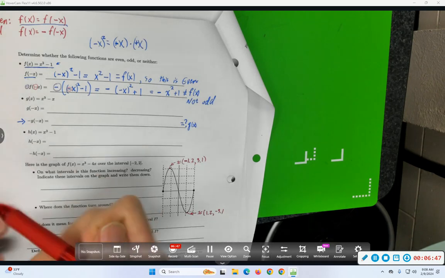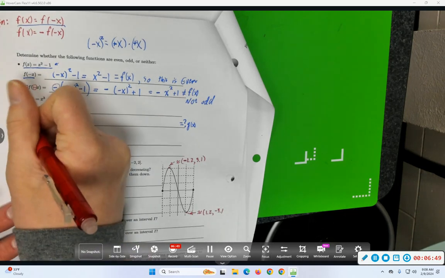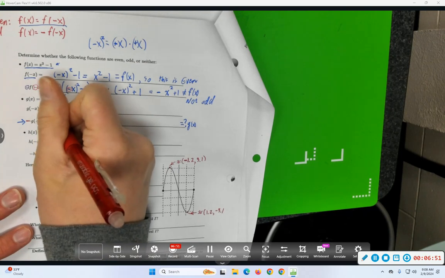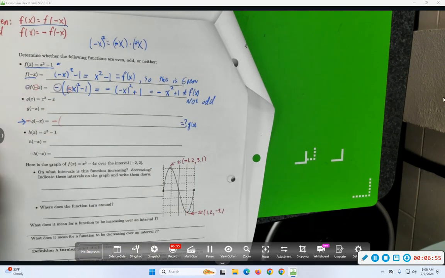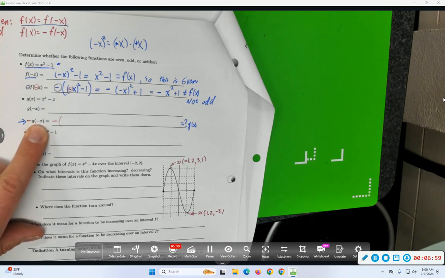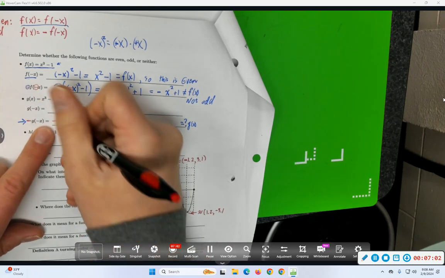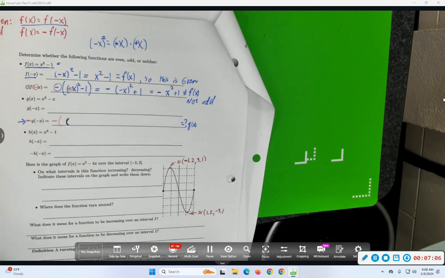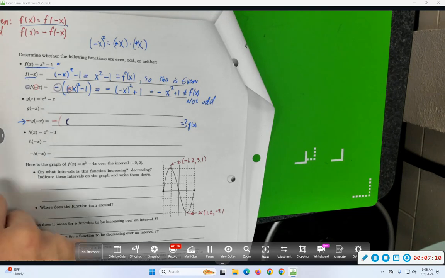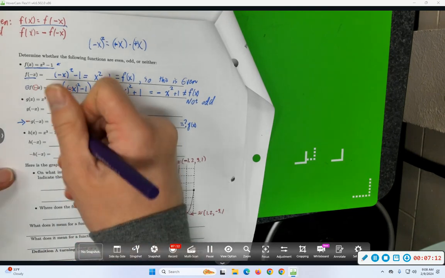So, I'll add in the color coding. So, all of it's made negative, so I need a negative sign around absolutely everything. Next, I need to plug a negative in for x, so that will be, the color's not good enough.